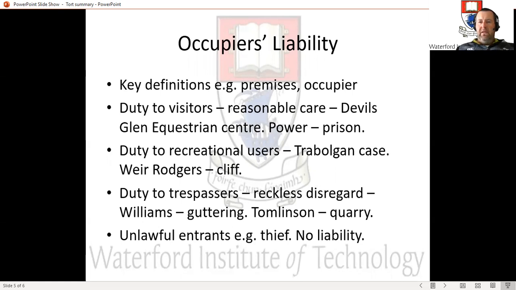So even though they argued she should have been looking where she was going, she wasn't even found to be contributory negligent. Another, I suppose, interesting case is the Power case, where Power fell in the bathroom in a prison and got compensated for his injuries on the basis that the type of tiles you use on the floor in a bathroom in a public type place or communal place and so on should be anti-slip, easy to see water on them and so on.